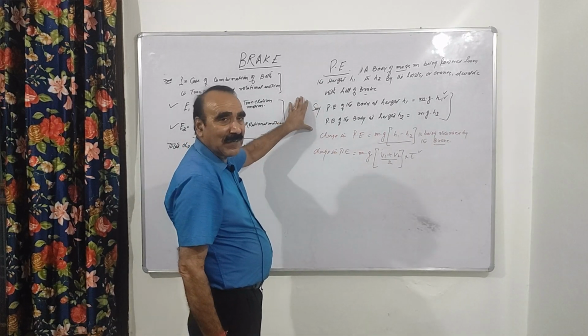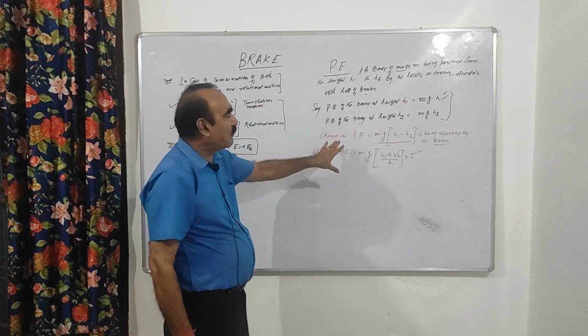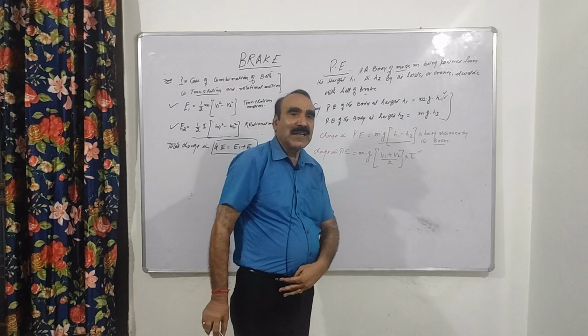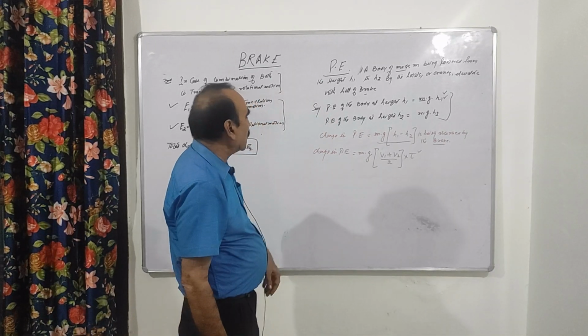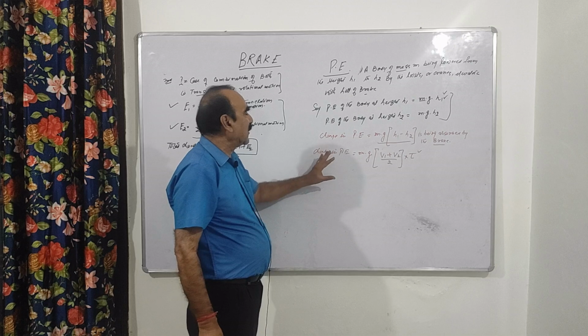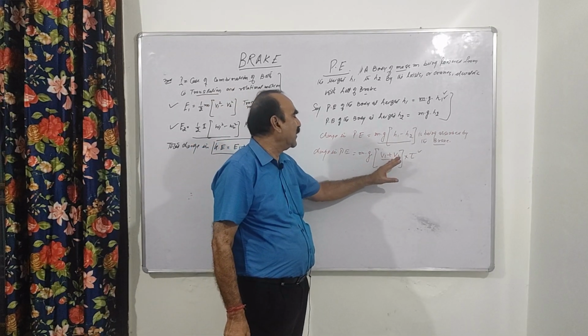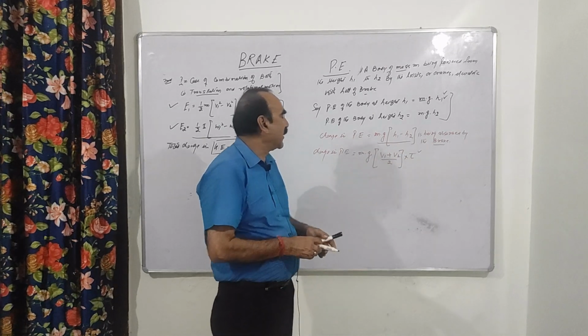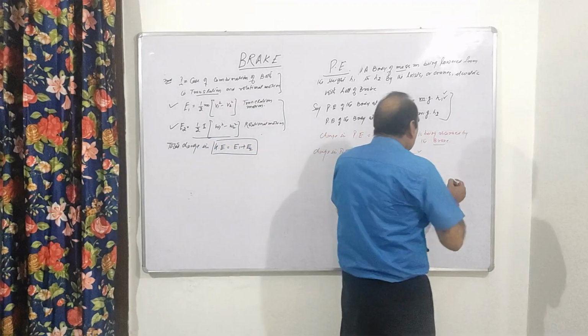V1 is the initial velocity, you can say, when the brake is not applied, and V2 is the final velocity after the application of the brake. So in this case the change in potential energy is equal to m into g, V1 plus V2 by 2 into t, and you can say this is the mean velocity.